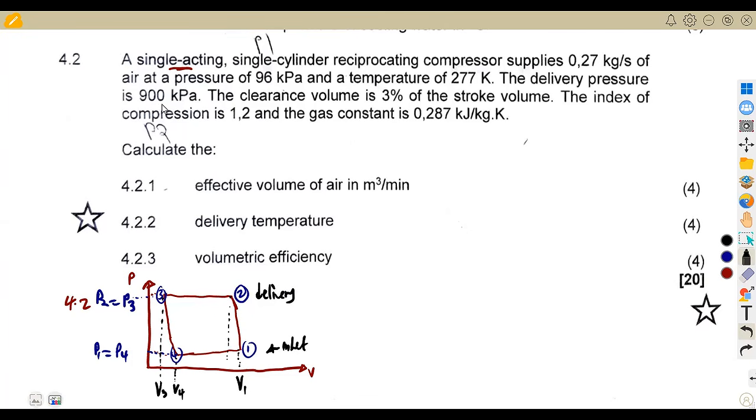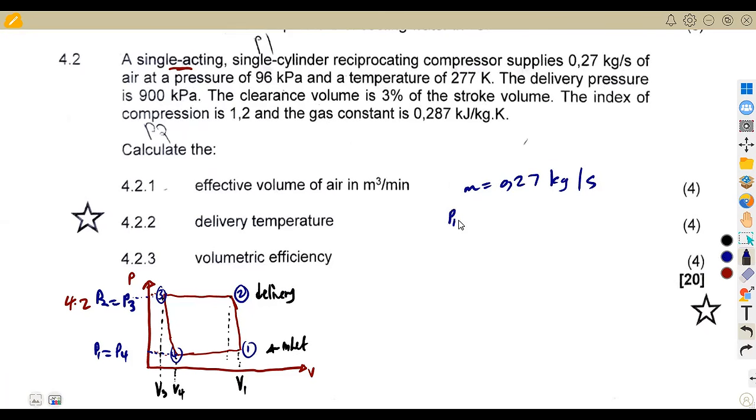So if we check the information we're given, this single acting single cylinder reciprocating compressor supplies, we're given the mass per second. So it supplies M of 0.27. Take note, this is kilogram per second of air at a pressure of, so if it is supplying, it is the input. So this is our P1.